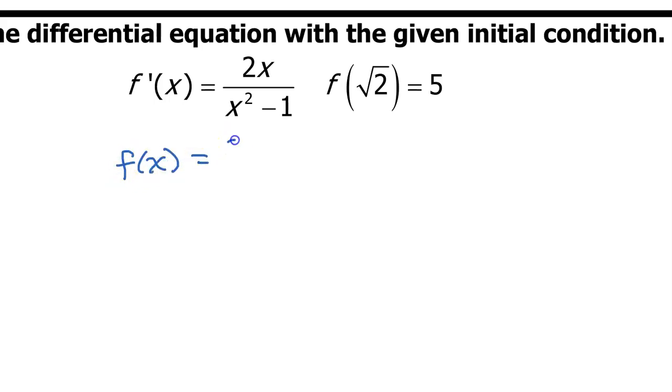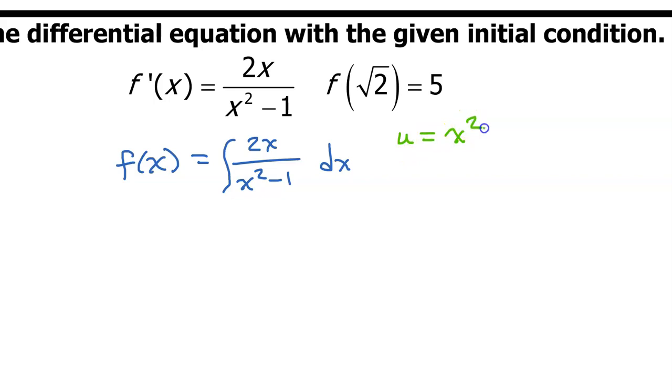So on the right-hand side, right now, I have the integral of 2x over x squared minus 1 dx. Let's go ahead and do a U substitution, letting the denominator, which is 1 more than the numerator, equal u.